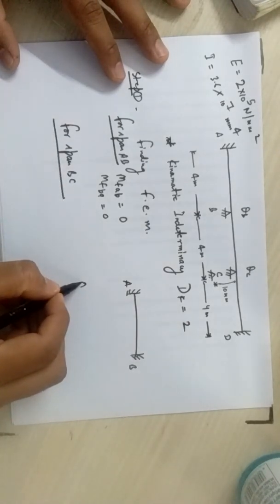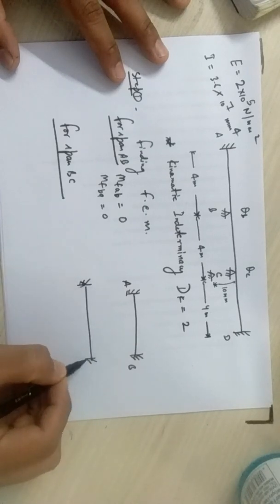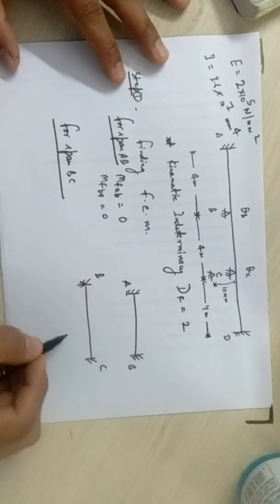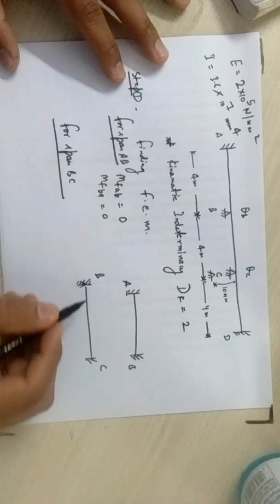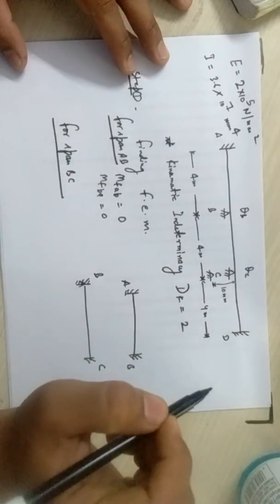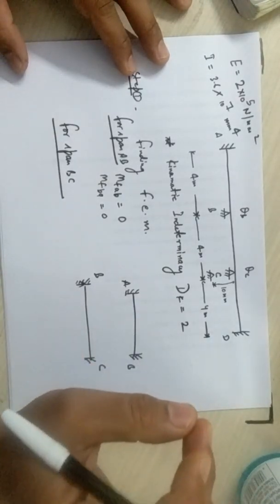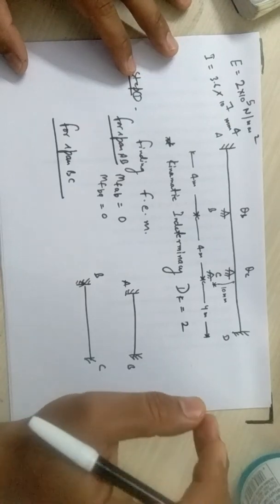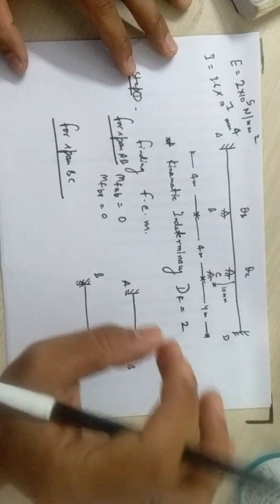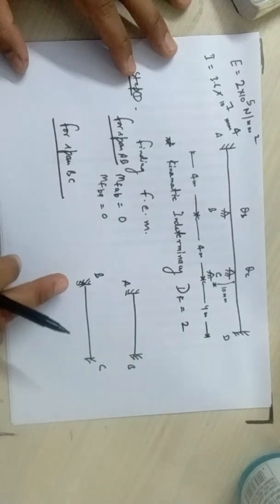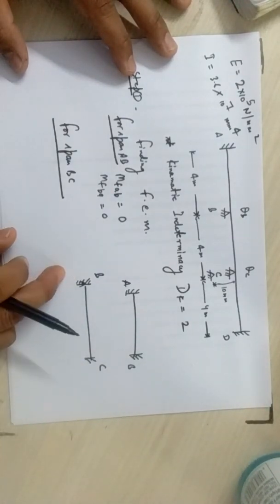Similarly, for span BC, this is our B and this is C. One thing we need to remember is, whenever we calculate fixed end moments, we will always consider both ends of the beam as fixed.